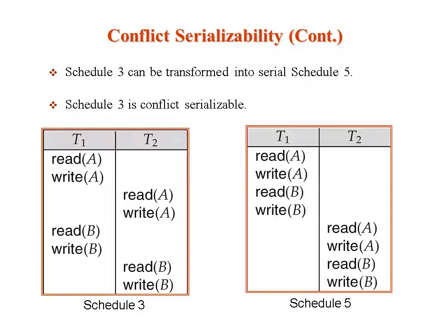Then read B of T1 and read A of T2. Write B of T1 with write A of T2. Write B of T1 with read A of T2. These are continuous swaps of non-conflicting instructions resulting into Schedule 5. So we can say Schedule 3 is conflict serializable.